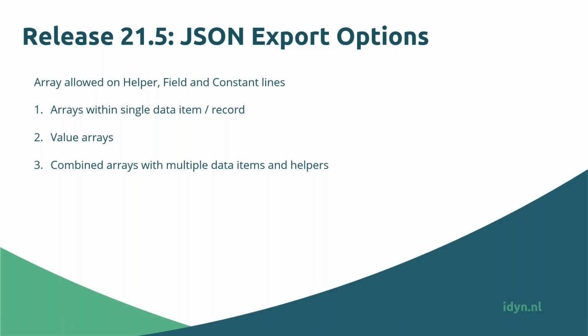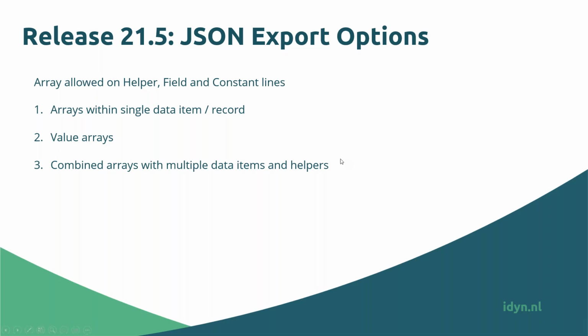But if we have an array, we can now actually set a second line with the same element name, and as long as we also configure that as an array, then it will be combined into a single array.